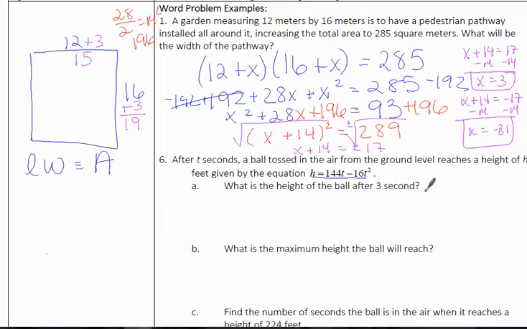Seconds is time. So 144 times 3 minus 16 times 3 squared. I'm going to plug that into my calculator, and I get 288.